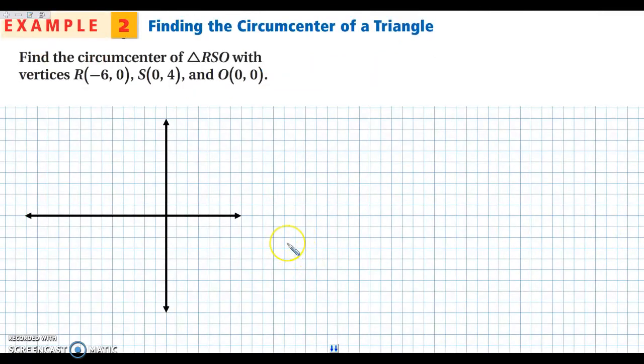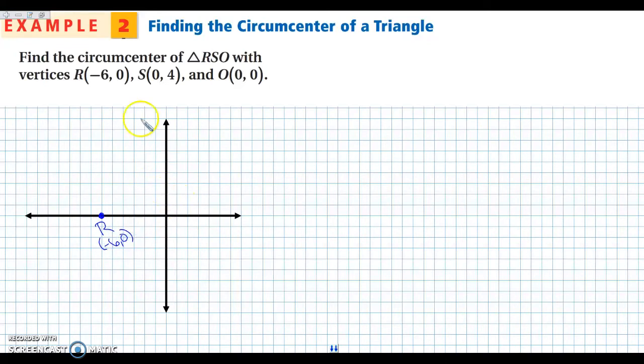All right, so the next thing that we're going to do, when we're given coordinates of the vertices, is find the circumcenter on a graph. So we are going to start by plotting our points. R is at -6, 0, so 1, 2, 3, 4, 5, 6. So here's R at -6, 0.